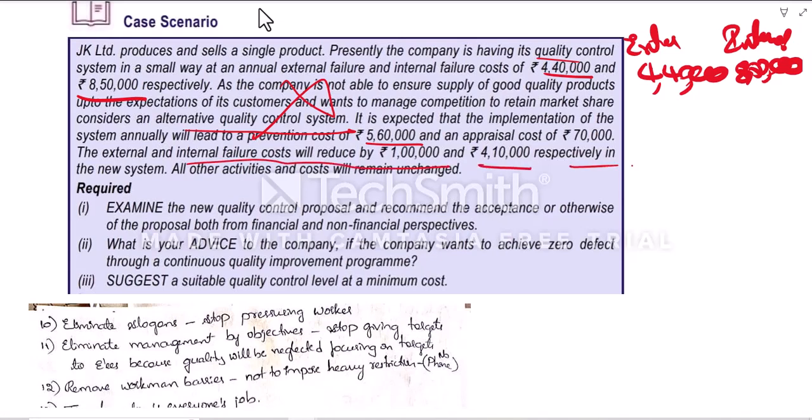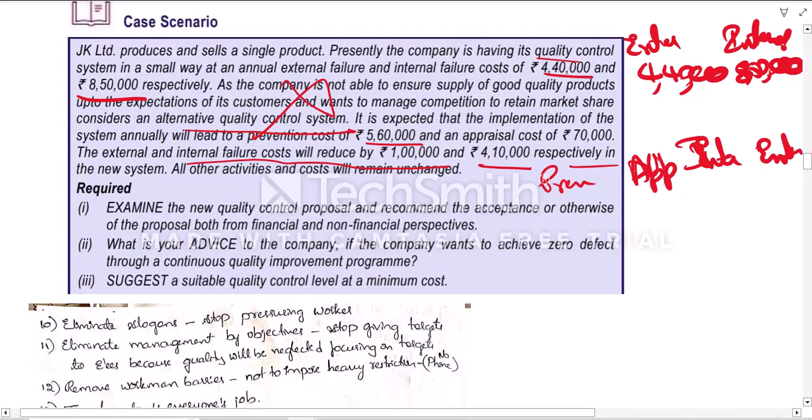So here they have given 4 costs: prevention, appraisal, external, internal. What we have invested is prevention cost 5,60,000 and appraisal cost 70,000.